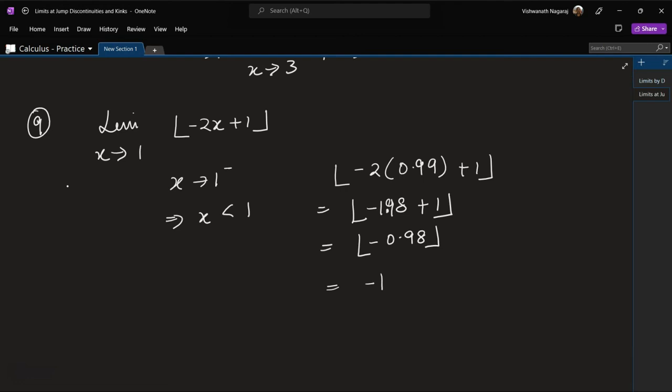If we had taken it as 0.9999, it would have been much closer, but ultimately this floor function would have still made it minus 1.